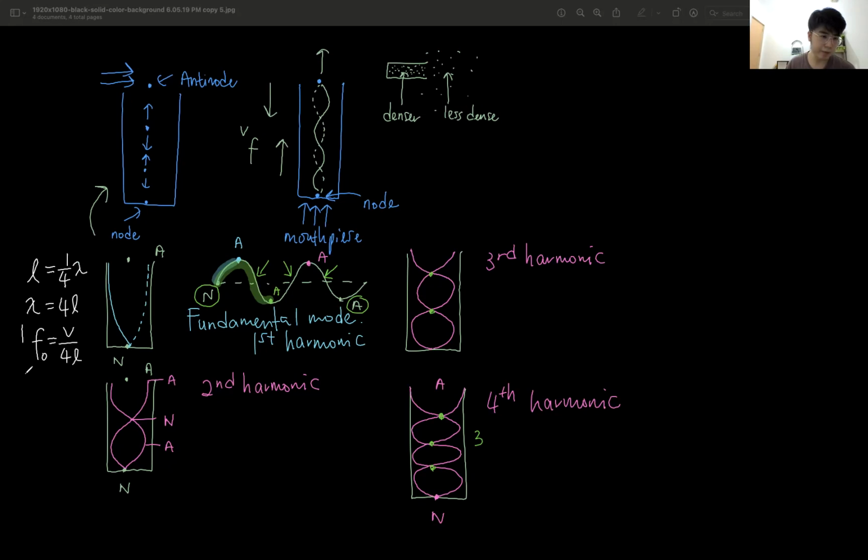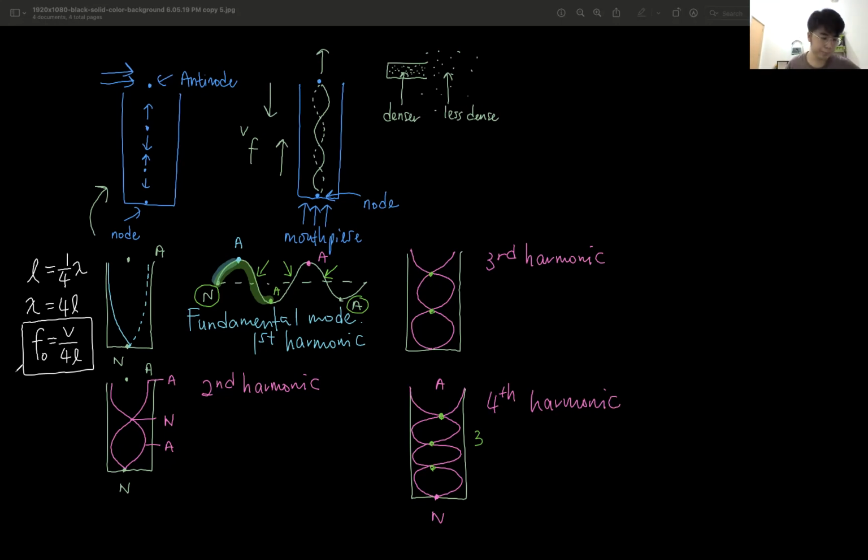This is the fundamental frequency, V over 4L. There's a difference between this one and the previous one. What is the formula for the fundamental in the previous one? V over 2L. This is V over 4L.